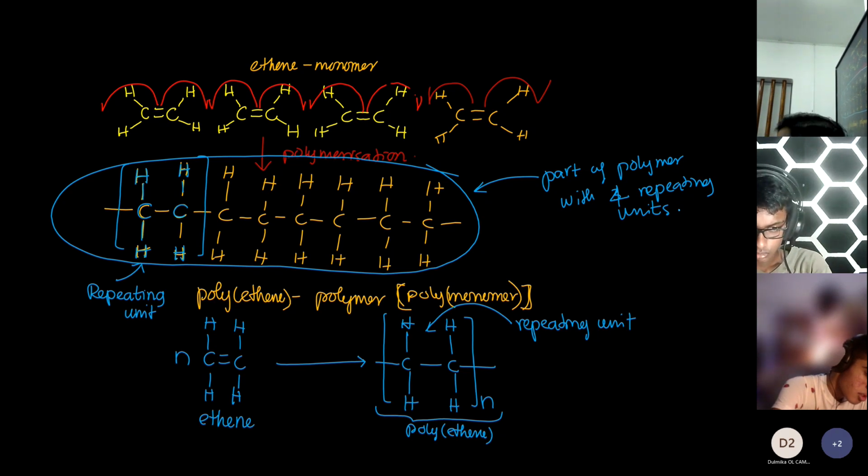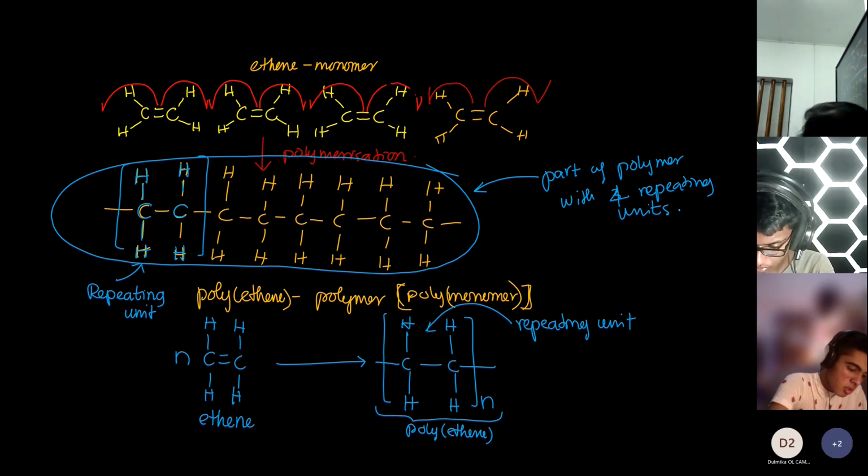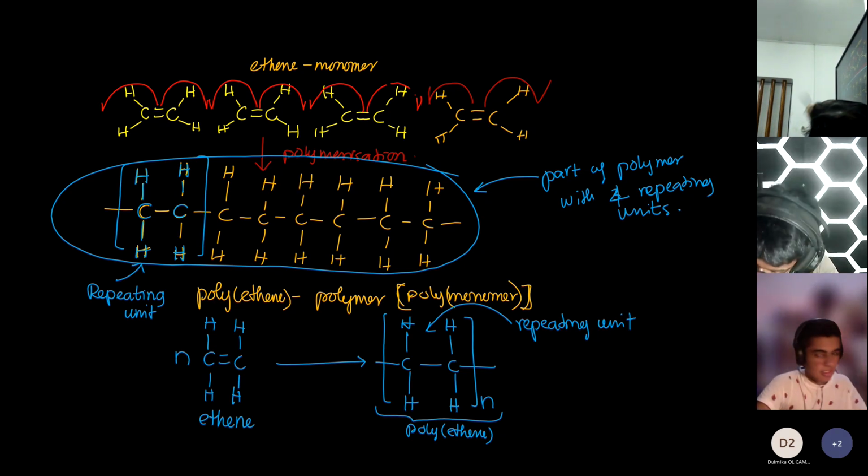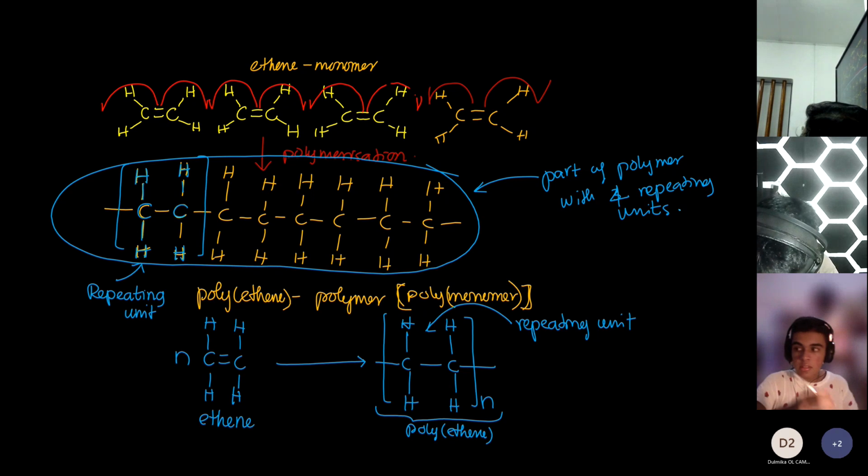So here we are going to learn only addition polymers, all right? Out of them, our first example is the formation of polyethylene. First subheading: formation of polyethylene. Make a hurry.